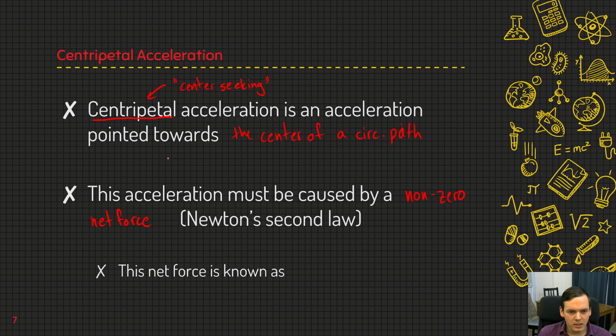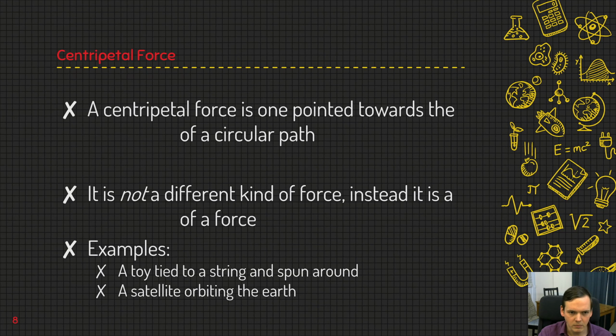So if we have this acceleration constantly pointed towards the center, and we know that there has to be some sort of non-zero net force to cause that acceleration, then we call this net force a centripetal force. So this is a force that's pointed towards the center to cause the centripetal acceleration.